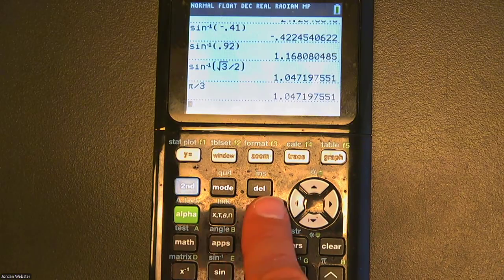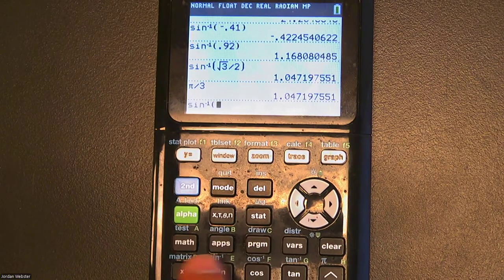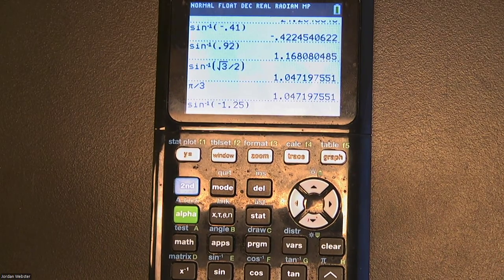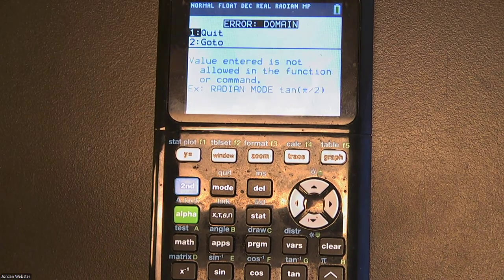Now, one thing to watch out for, if you do inverse sine of something like negative 1.25, this would also happen if you did 1.25, what you're going to get is an error, because the sine was the y value on the unit circle.